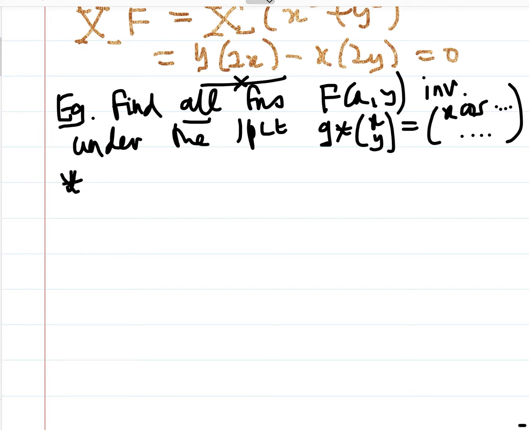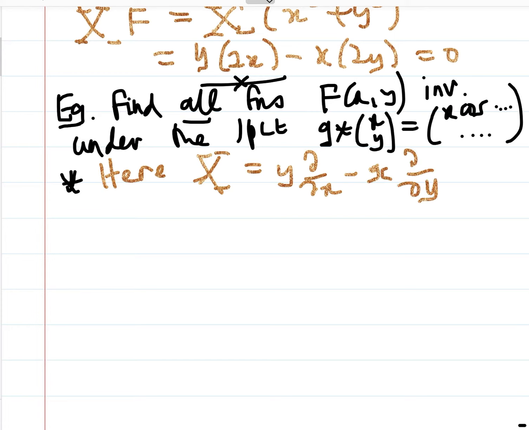So again, the vector field is the same: X is y d/dx minus x d/dy, and here f is the unknown.